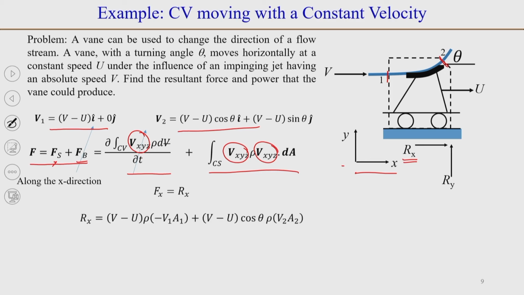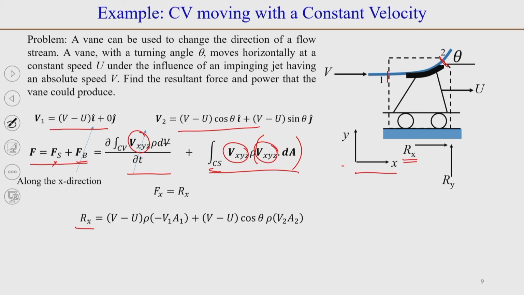So, F x we substitute R x. Now, this term we will have summation, and we need to write down the x component of velocity into rho v vector x y z dot d a, or dot a.